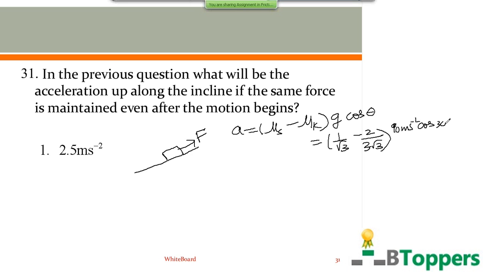Theta equals 30 degrees. So if you simplify, you get 1 by 3 root 3 into 10 meter per second square. Cos 30 degrees is root 3 by 2. So you get the magnitude of the acceleration as 5 by 3 meter per second square.